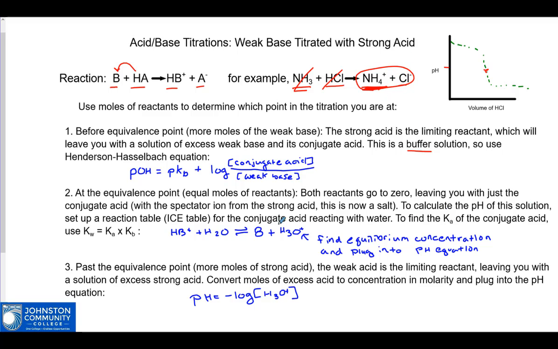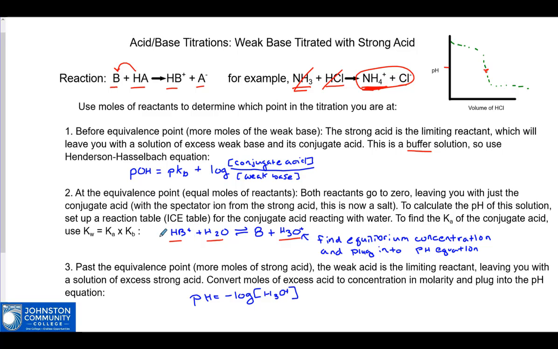To calculate the pH of the solution, we're going to need a reaction table, an ICE table, where that conjugate acid reacts with water to make hydronium. So make your ICE table and find concentrations. Remember, ICE tables need to be in molarities, so if you're still in moles at this point, turn that into a concentration.